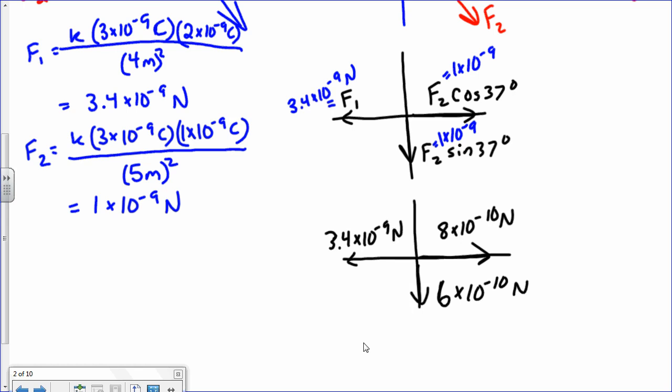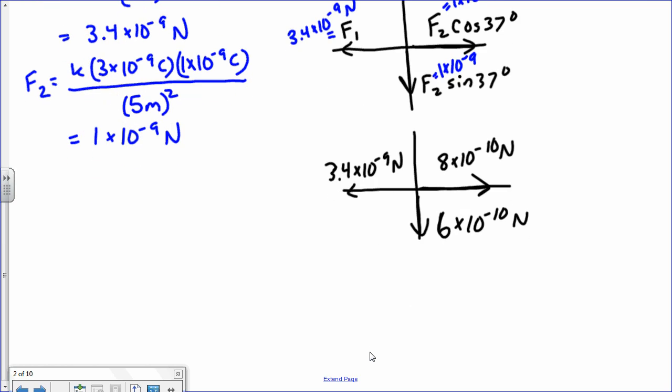Okay. Now, I'm going to add these vectors up. That means that this one's in the x direction, negative x, this one's in the positive x. But since this vector is bigger, the sum of those two vectors will be in this direction.